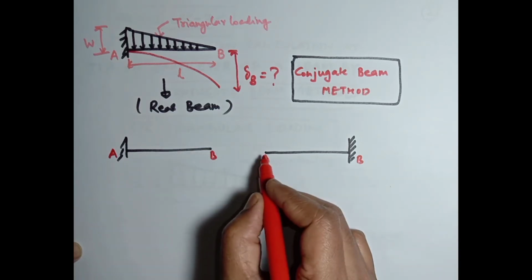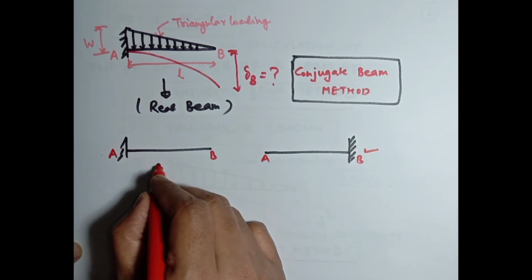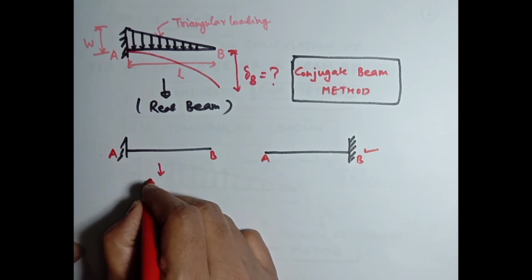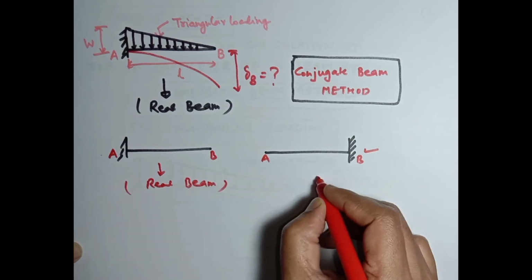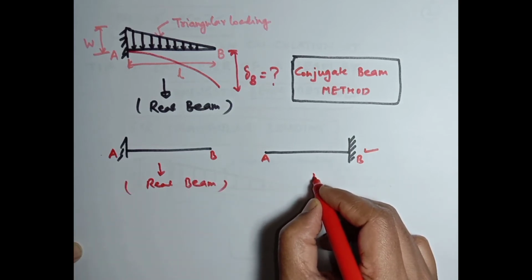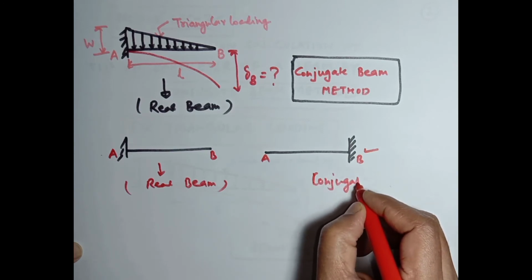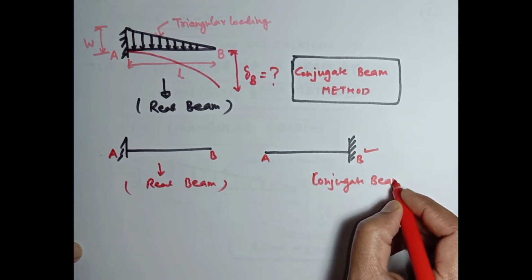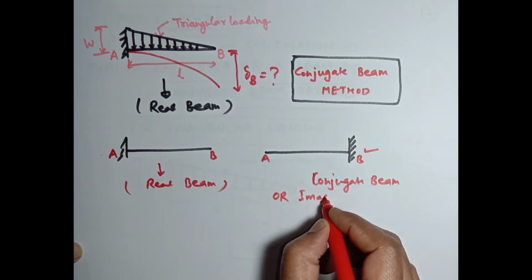The free end becomes the fixed end, and the fixed end of the real beam becomes the free end. This is the real beam. This is the conjugate beam, or you can say imaginary beam.